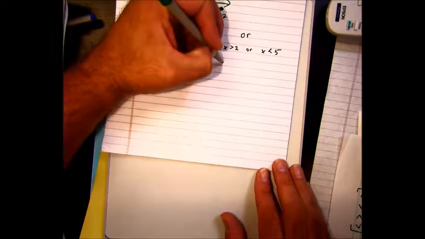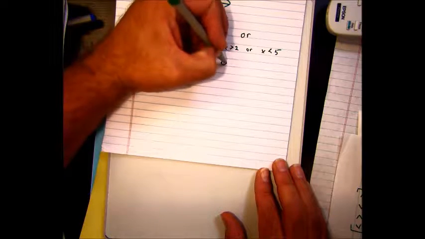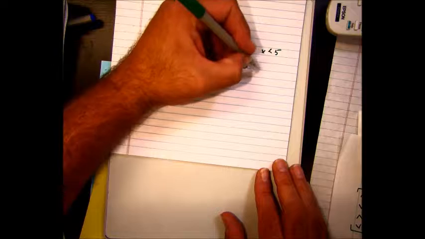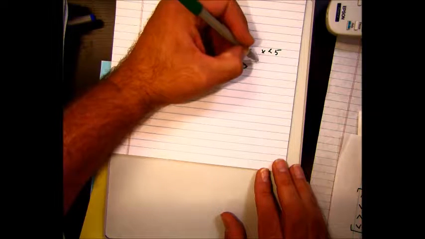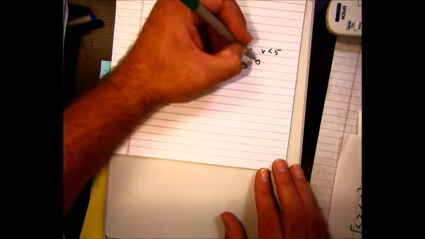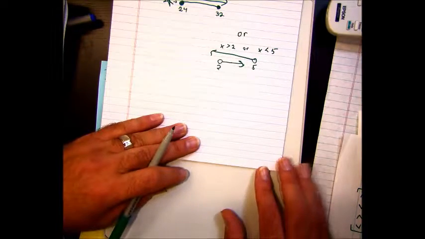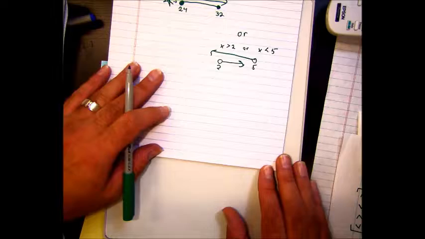All right? So when I graph this, it would be x is greater than 2. And when I graph this one, it would be x is less than 5. So it would be an open dot at 5, and it's this way. Notice, what possible answers can I have?